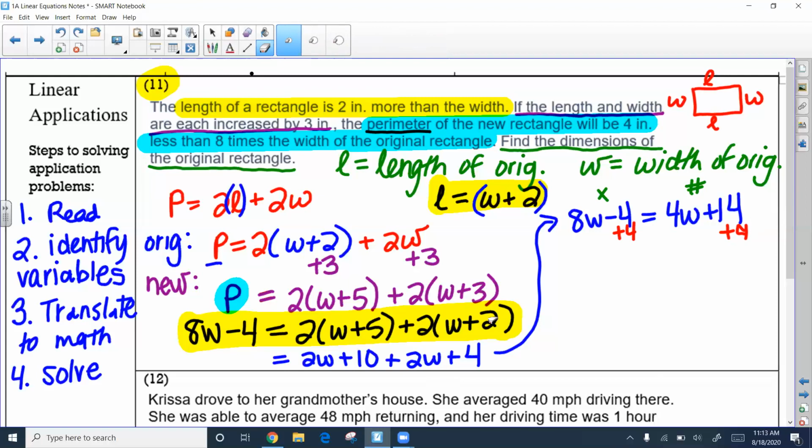Esperanza caught that. I don't know if anyone else did. This is my fault. Right here, it's still supposed to be W plus 3. So then this would be 2W plus 6. So then this is 4W plus 16. All right. Fix all those. That was my error because I wrote it down wrong between this step and this step. So sorry about that.